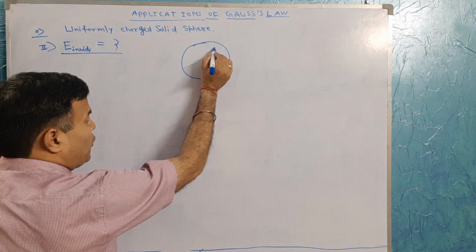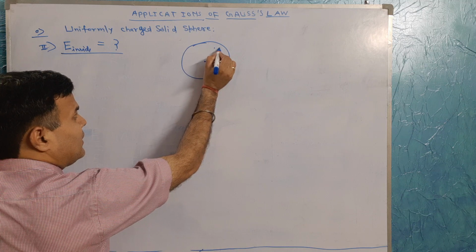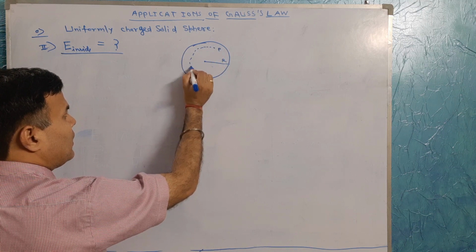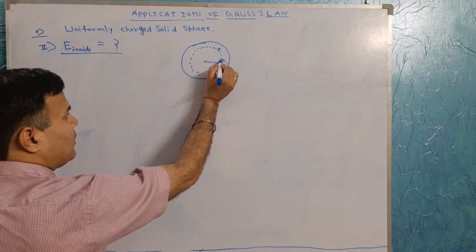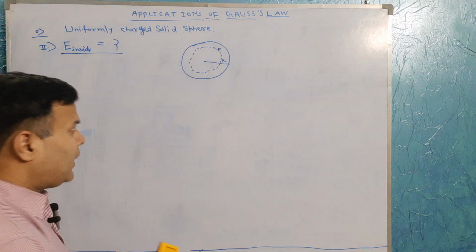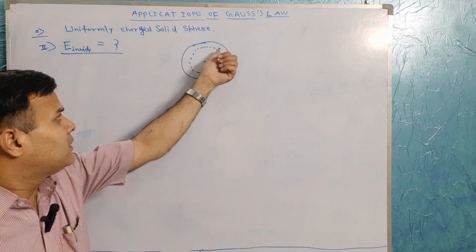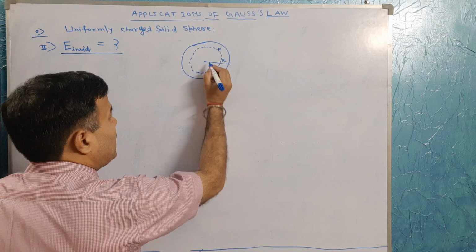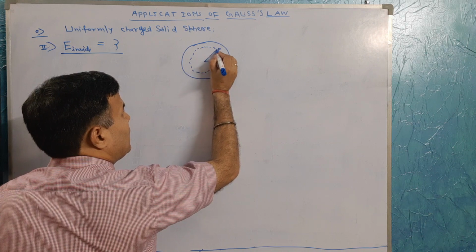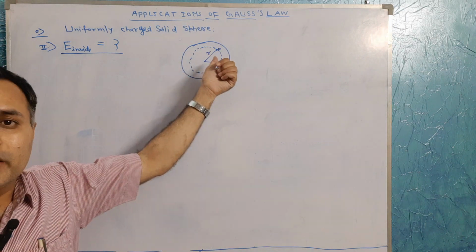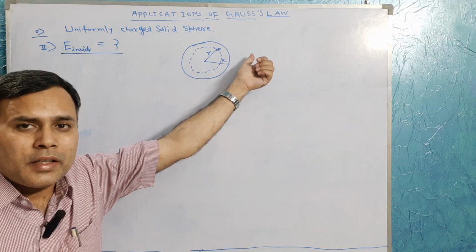So consider any point P which is inside in this case, and draw the corresponding Gaussian surface. Again the Gaussian surface is a Gaussian sphere, and we consider any point P at a distance r, and the inside distance is entirely different from the outside distance.